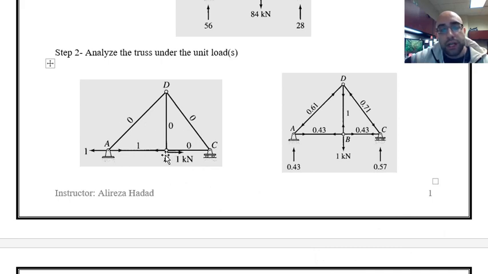When I have a horizontal unit load at joint B, these are the analysis results, and when I have a vertical load at joint B, these are the analysis results.